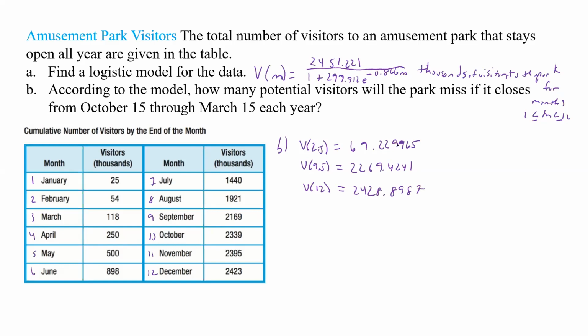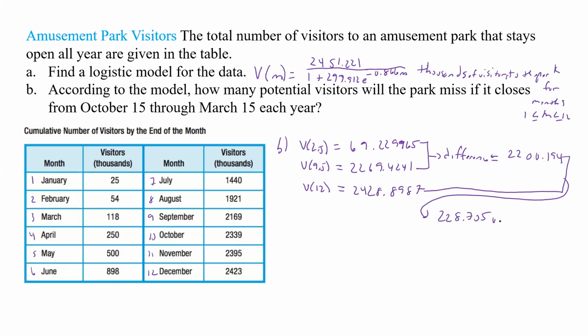And so what we could do is take this difference, which was equal to 2200.194. That's how many visitors went in between those months. And then we'd take the difference of that, and that gave us 228.705. If we're doing all this in thousands and we subtract it off, then that should be good as far as our actual values go.